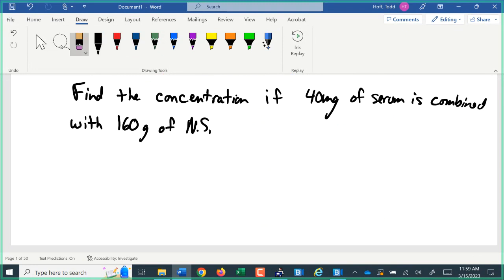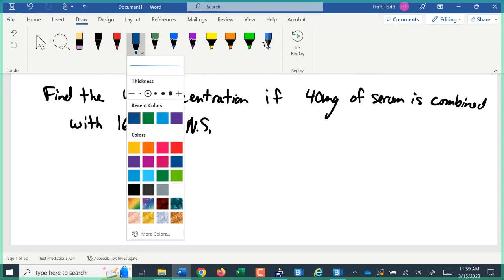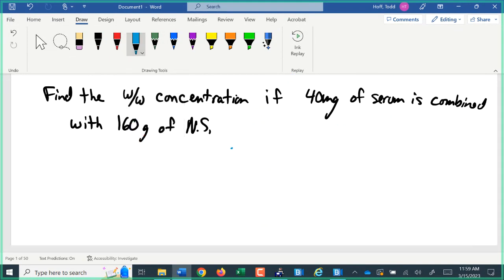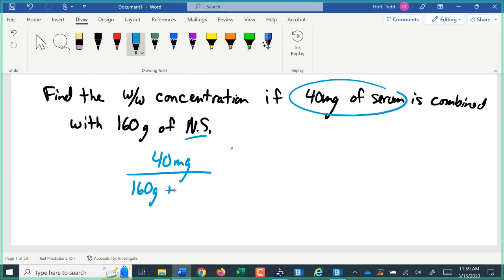And I should have said, find the weight and weight concentration. Specify that. So for our weight and weight concentration, it is the weight of serum. Well, we have 40 milligrams of serum combined with 160 grams of NS, but we have to add that to, remember, it's the total amount that goes on the bottom, just like a dilution.